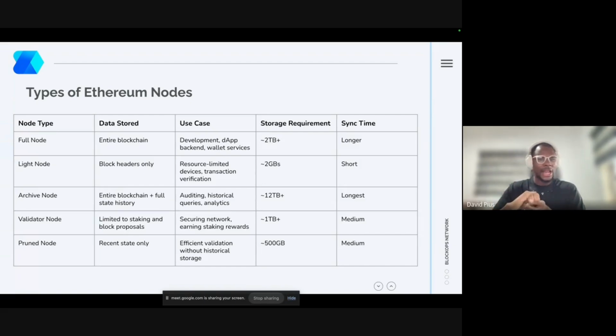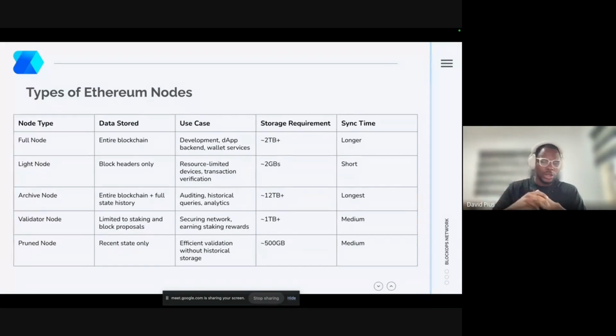Then the archive node is the entire chain, every piece is stored on the archive type of node. And obviously, that also tells us the type of storage required to store this kind of data.